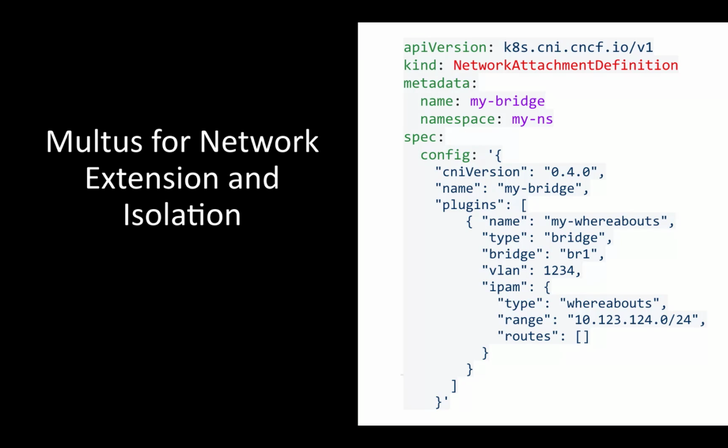The IP address management used in this example is whereabouts, which allows you to manage IP addresses across the nodes globally. There are other types of IP address management, such as static, which only manages specific IP addresses, or host-local, which is limited to the host that the VMs or pods are running on.